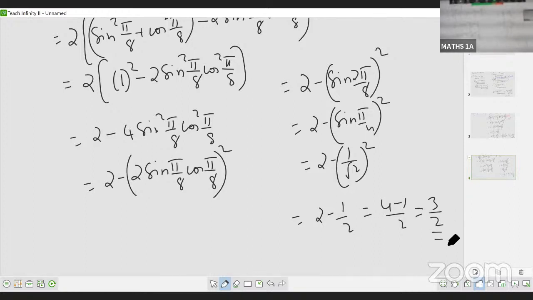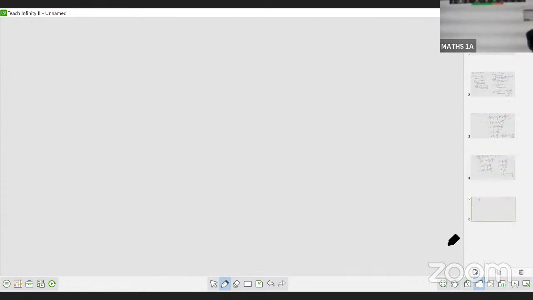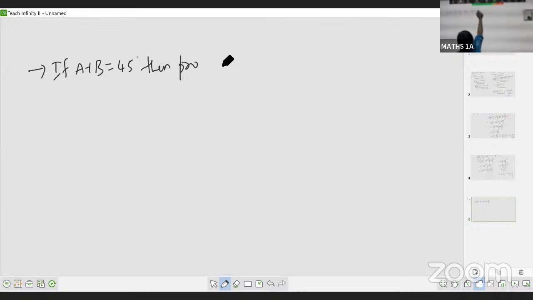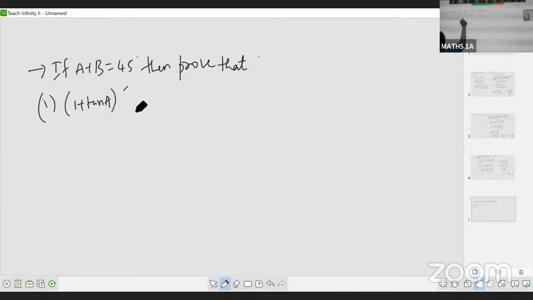Next most important problem. If a plus b equal to 45 degrees, then prove that 1 plus tan a into 1 plus tan b is equal to 2.